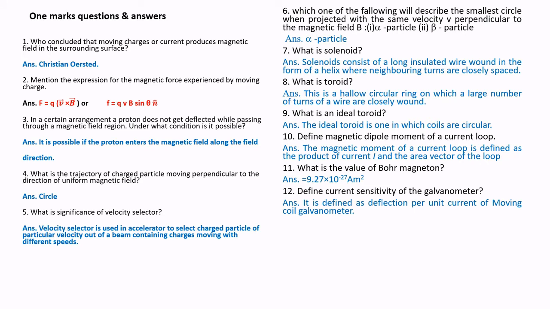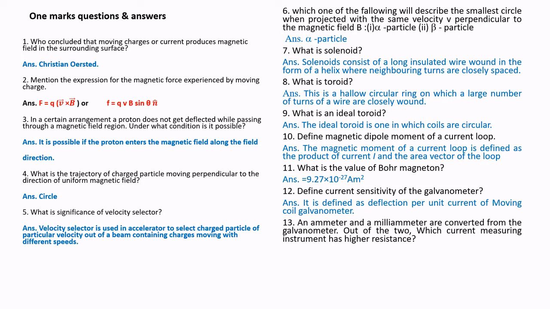Question number 12. Define current sensitivity of a galvanometer. Answer: It is defined as deflection per unit current of a moving coil galvanometer. That is, the deflection is phi and the current is I, so current sensitivity is phi by I.